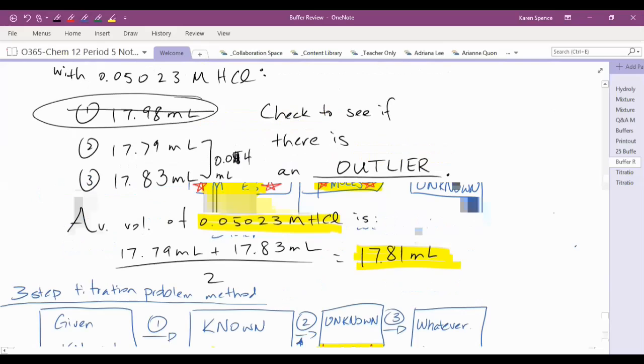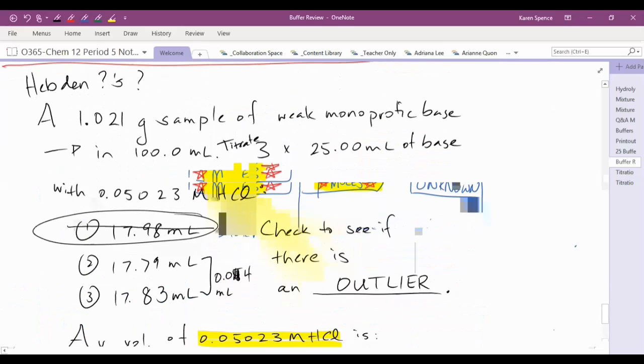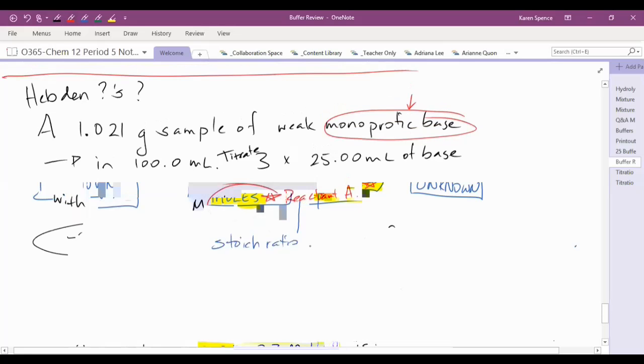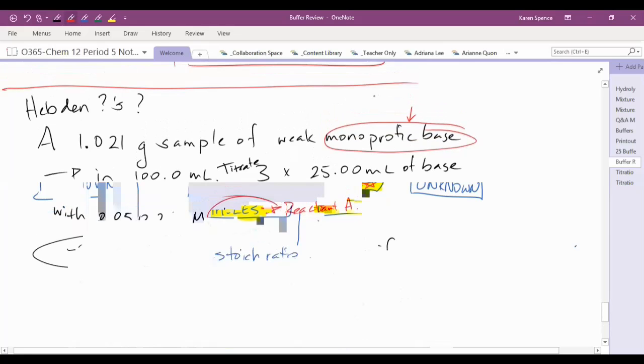So let's go and check out what our two things being reacted are. We have HCl as one of our reactants. What is our other reactant? It's an unknown, yeah. That's called a monoprotic base, and I'm not sure I agree with that terminology, but that's okay. A monoprotic base would be one that contains one OH minus ion, or one that produces one OH minus.